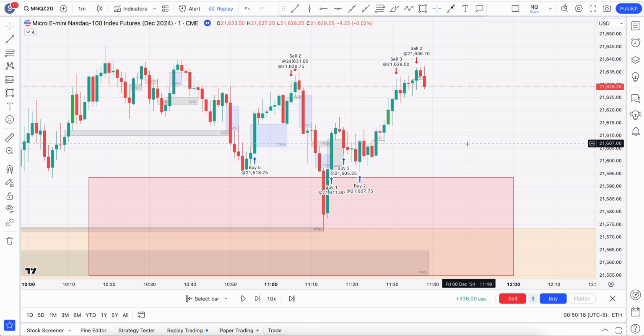But slowly I figured out that the fair value gaps that are really good are the ones that are giving us reaction. They're giving a really good impulse move that comes out of that fair value gap. So you don't have to trade every fair value gap, but trade the one that gives the move, that gives that kind of a reaction out of that fair value gap, right?